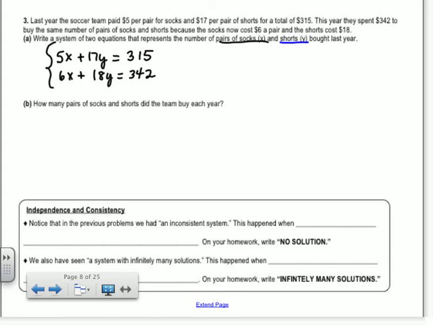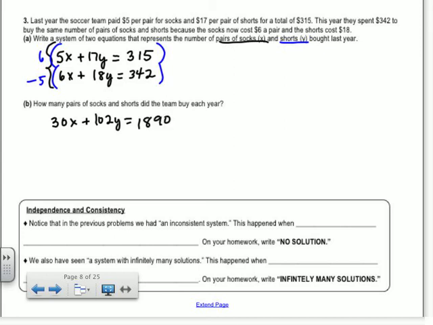Okay, so you're going to multiply the top equation by 6 and the bottom one by -5. Or you could do -6 and +5. It doesn't matter. So when you do that, you get 30x plus 102y equals 1890.